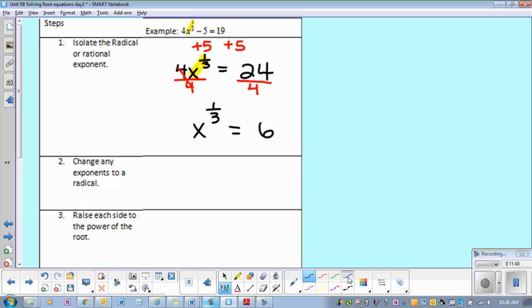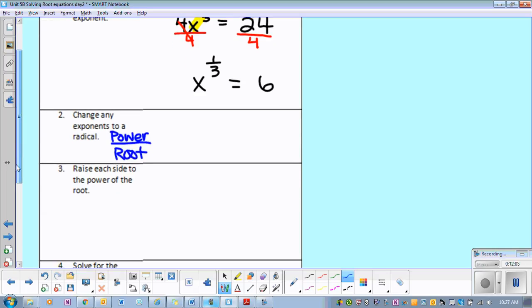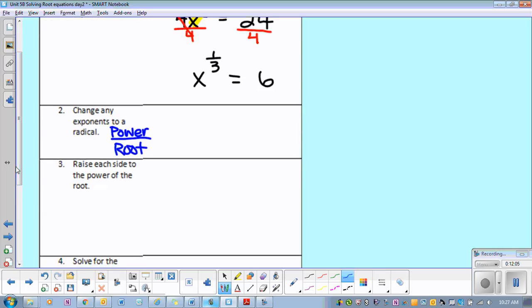Now, my next step says change any exponents to a radical. So here, this is power over root. Remember this, guys? We did this in Unit 5, right? So we're taking this and we're going to turn it into a radical. So draw my radical.